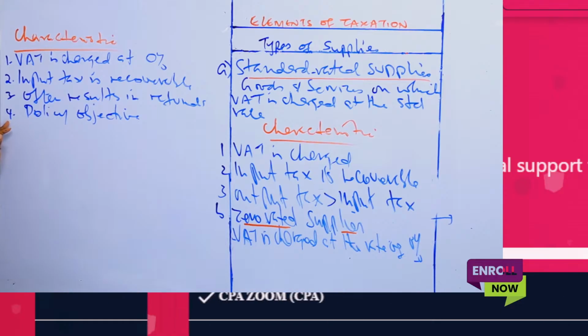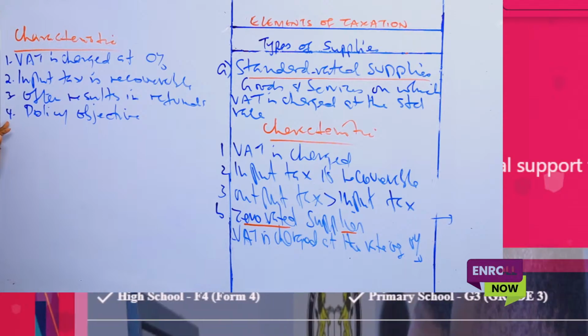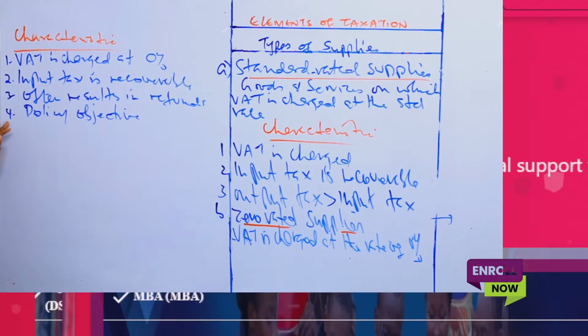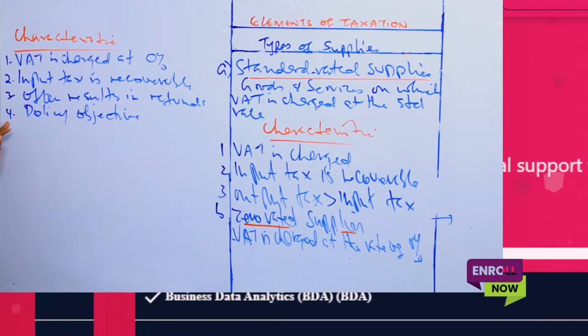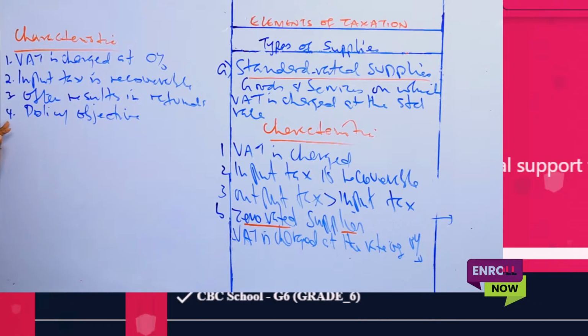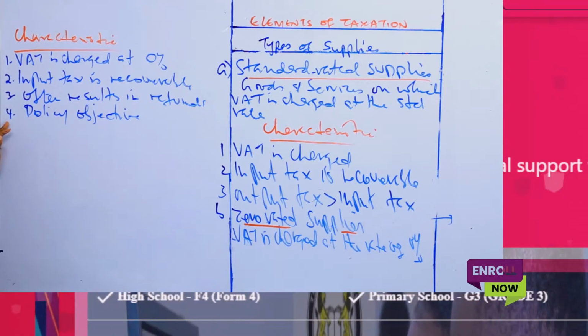Now, currently, examples of zero-rated supplies, subject to changes in Finance Acts, would be exports of goods or services, like goods exported from Kenya or services supplied to a person outside Kenya, excluding certain services like financial services. That's the most common example of zero rating globally.